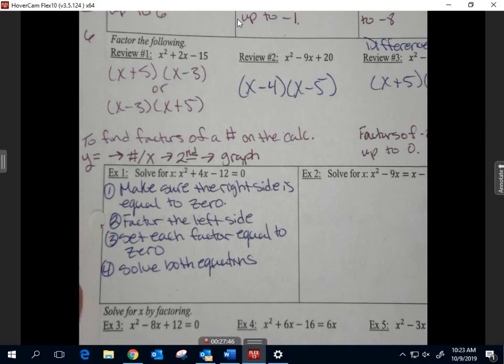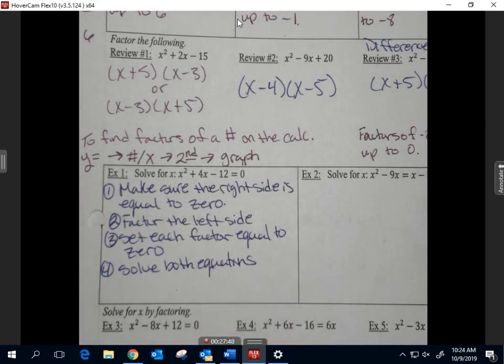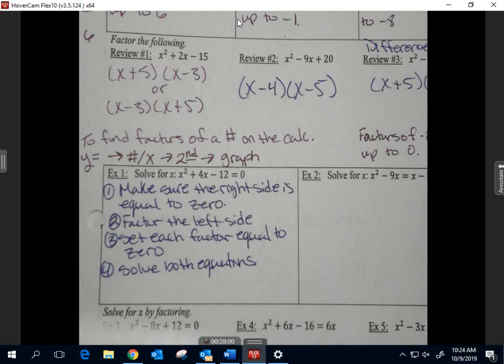But you really need these. These will help you on all 5 of these examples. You ready? I'll uncover this, so if you don't finish, you can look.